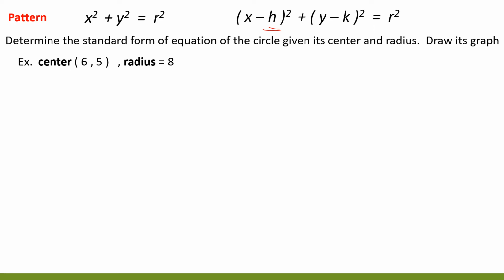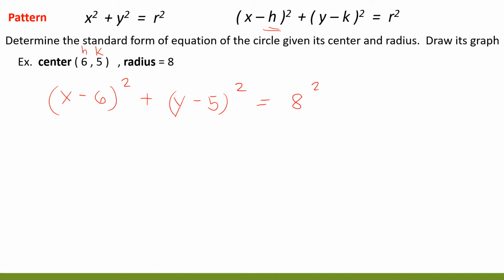Paano? I-replace natin yung h using 6. Kasi, bakit? Ang center kapag wala sa origin ay ang pattern na gagamitin ay (h, k). Meaning to say, the value of h is 6 and the value of k is 5. Kaya naman, kung gagamitin natin itong pattern na mahaba, it is now x minus h, which is x minus 6, quantity squared, plus the other, y minus 5 quantity squared equals 8 squared.